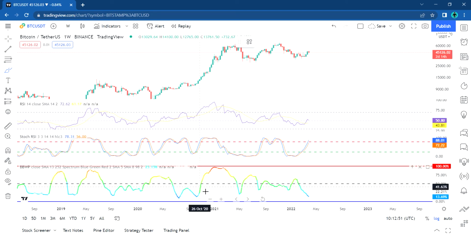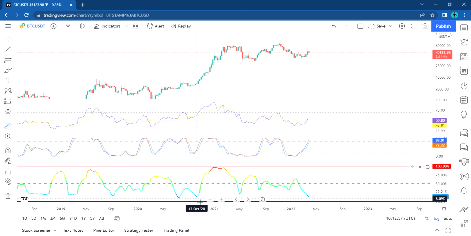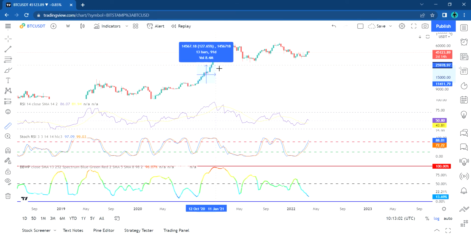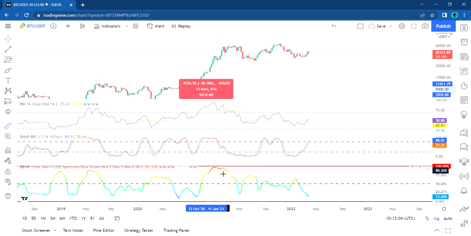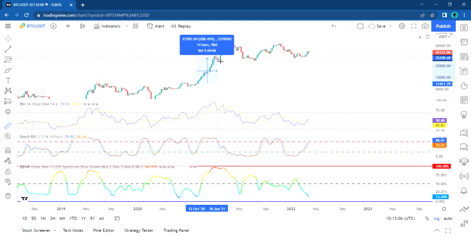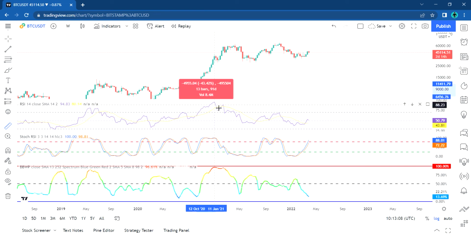From this point here, the volatility was really contracted right at the bottom, and then you have it all the way to the top here of the RSI.